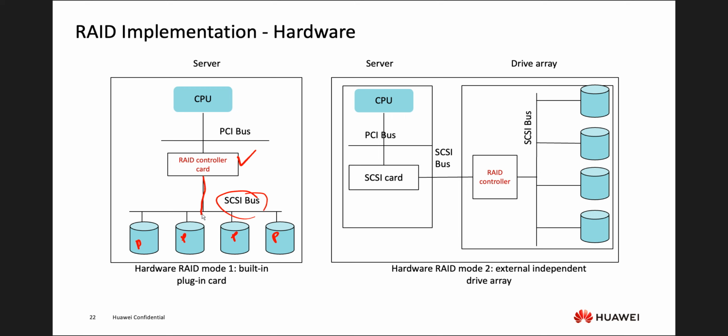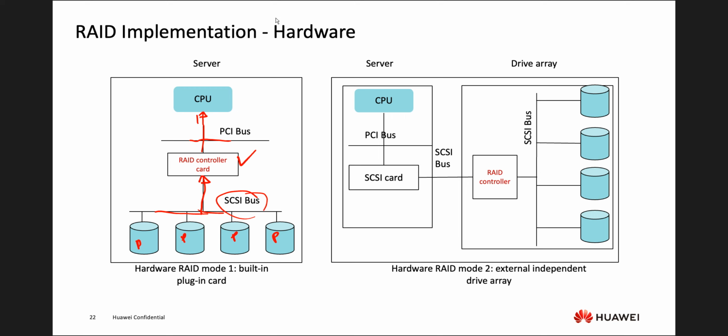All these drives would communicate with this controller card, and this is an example of a server that's built in with a card. You have your PCI bus here. We saw that the bus determines the speed, and then that controller card communicates with the CPU, and the CPU does its functions. So that is what you have when a RAID controller card is built in.